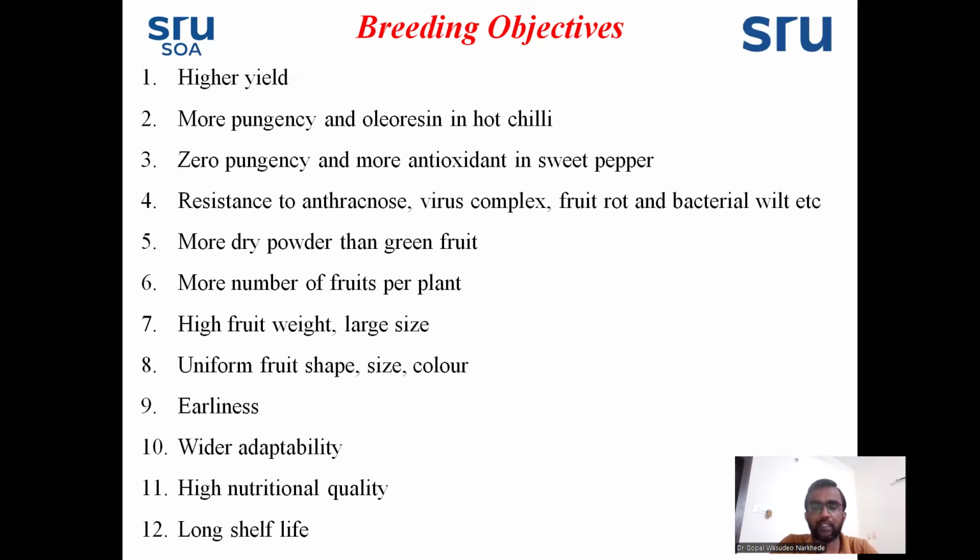Whatever cultivars we breed, either varieties or hybrids, should be early maturing, with wider adaptability, high nutritional quality, and last but not least, long shelf life, so that we can easily transport the product from one place to another. So these are some main breeding objectives in chili.